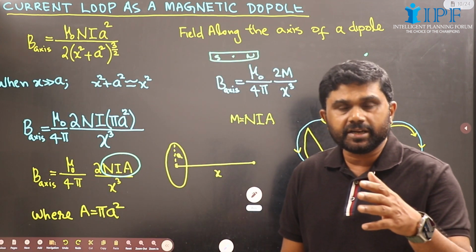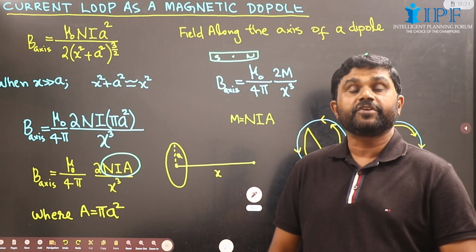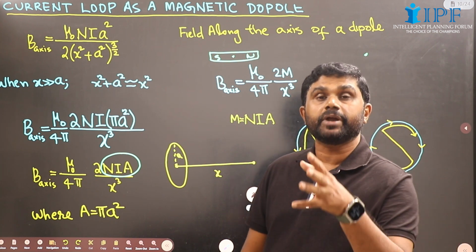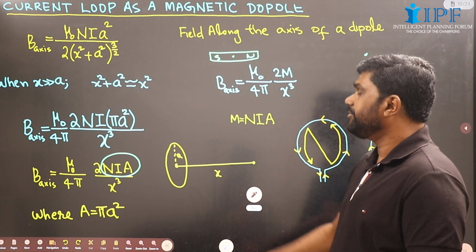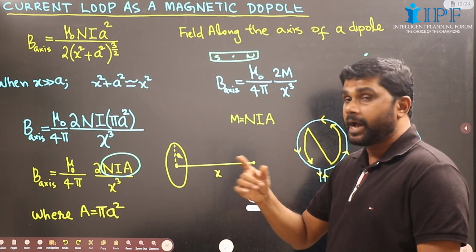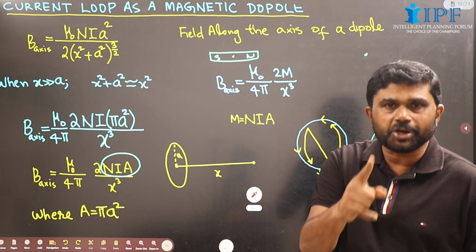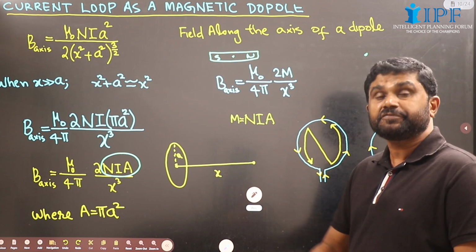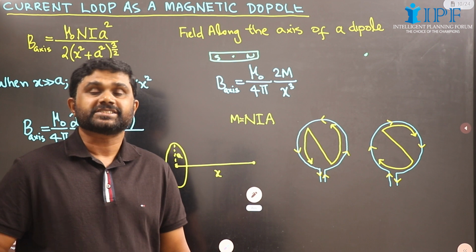So the field along the axis of a circular current loop varies exactly similar to the field due to a magnetic dipole along its axis. We can say a current loop acts as a magnetic dipole of moment equal to NIA.